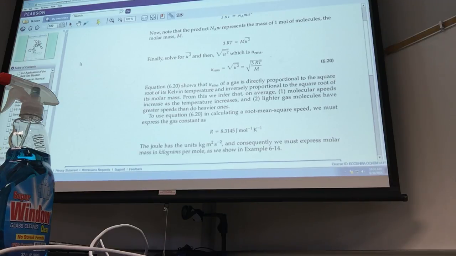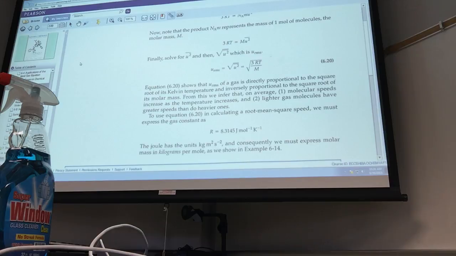So we have a couple of options. If I want the average kinetic energy, I can calculate it using this equation, just plugging in R over NA. This would be the thermodynamic R, the kilojoules one, 8.3145 joules per mole Kelvin.